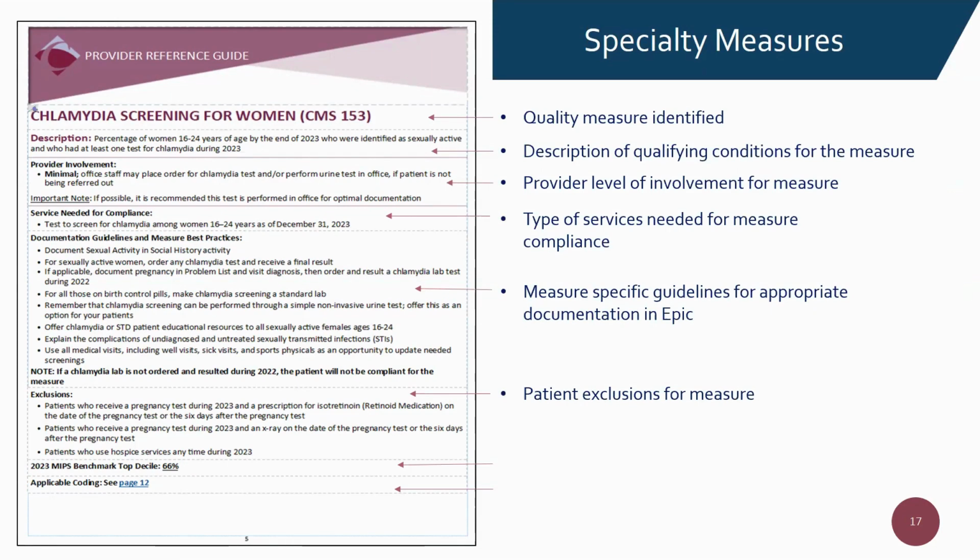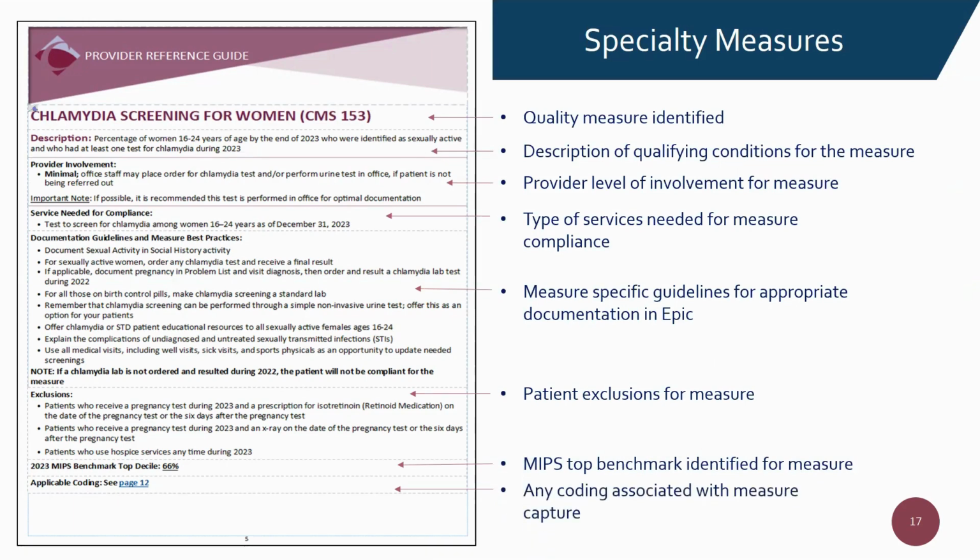Documentation is essential to accurately account for patient exclusions. MIPS 2023 benchmark top decile will also be identified in the measure, and any associated coding with the measure capture will be stated at the bottom of the page. This page presentation will be consistent throughout the provider reference guides across all specialty measures.